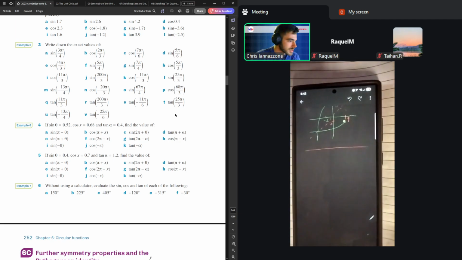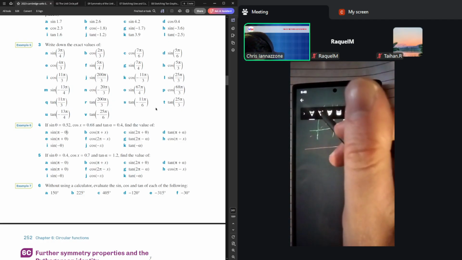Okay, so 4a. We're just going to look at the ones that have theta in them, just for ease, because the ones that have different labeled angles use different unit circles to each other. So we'll start with one of them to make life easier.